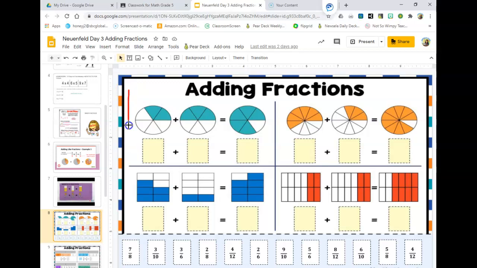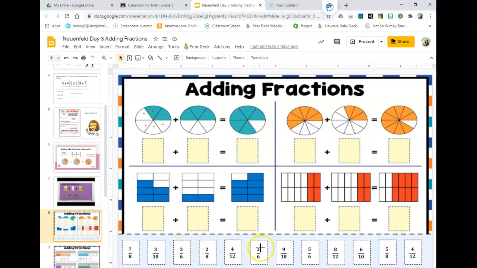So in this very first box, and I'm going to put it in a square here so that we know what we're working on, let's count how many parts there are. So we have 1, 2, 3, 4, 5, 6. So that means the fraction that I'm looking at has a denominator of 6.